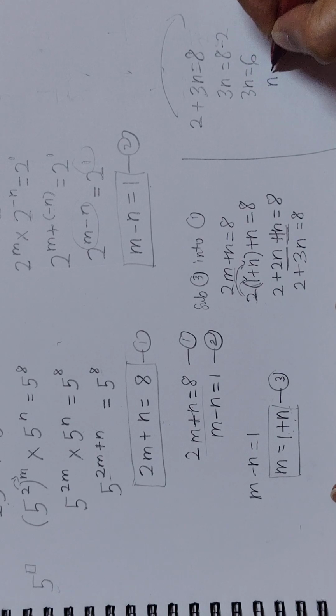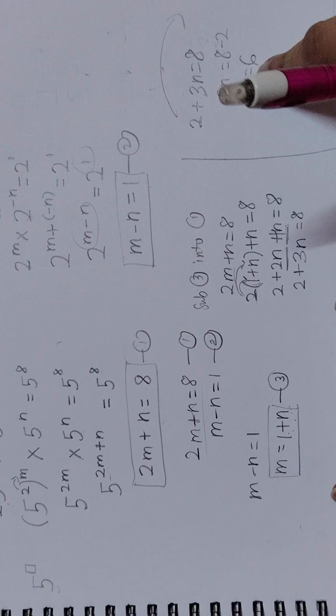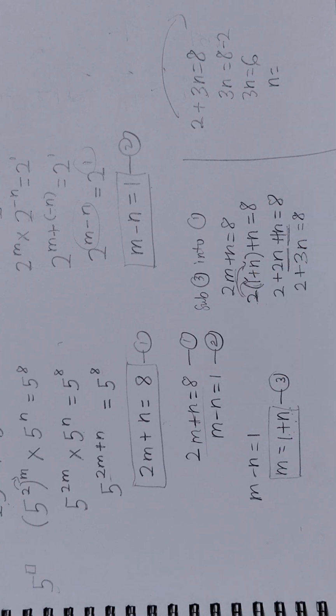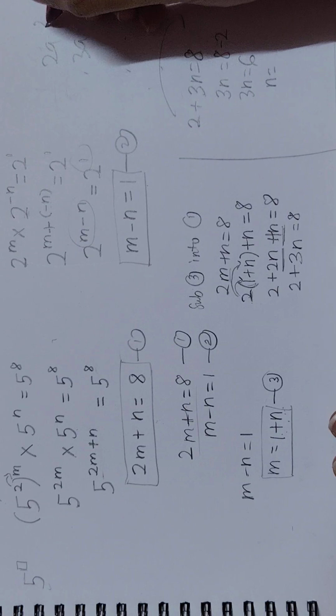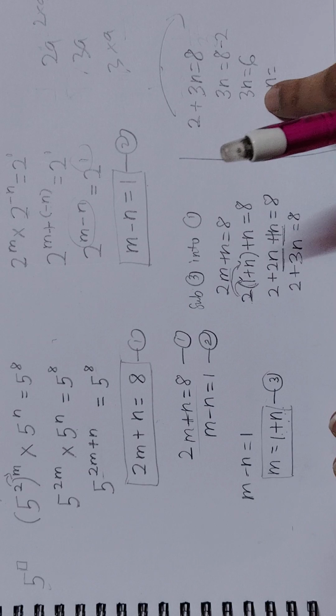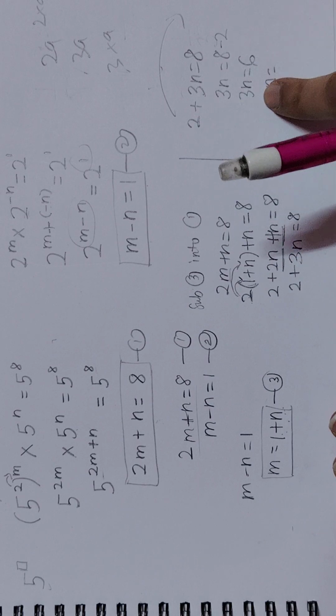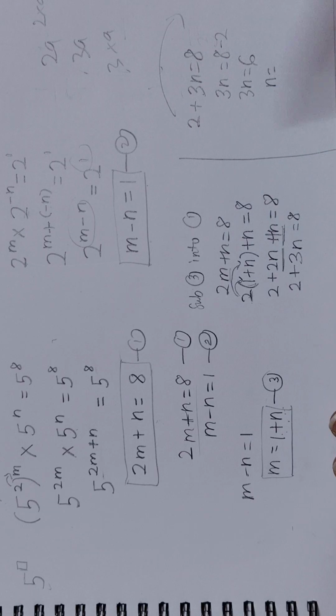So if you want to find the value of n, remember 3n meaning 3 times n. Anything that is sticking together like 2a, 3a, what it actually means is 2 times a, 3 times a. So now this 3n meaning 3 times n. So the times 3, when it goes to the other side, becomes divide 3.